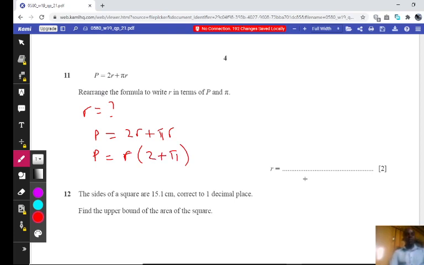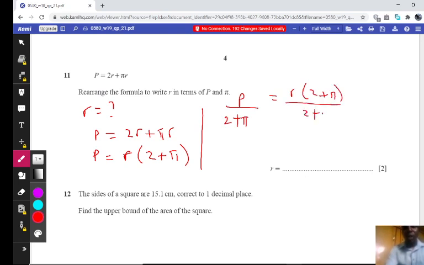Then you divide by the number multiplying R, 2 plus pi, on both sides. It will be P over 2 plus pi is equal to R times (2 plus pi) over (2 plus pi). Then this and this cancel out. You get R is equal to P over 2 plus pi.